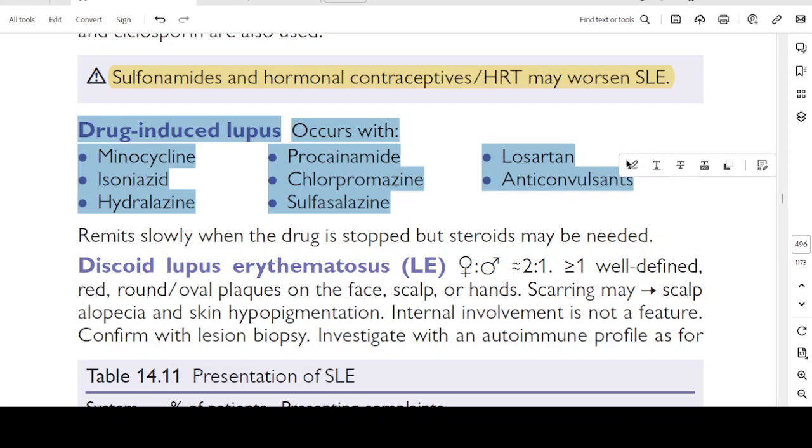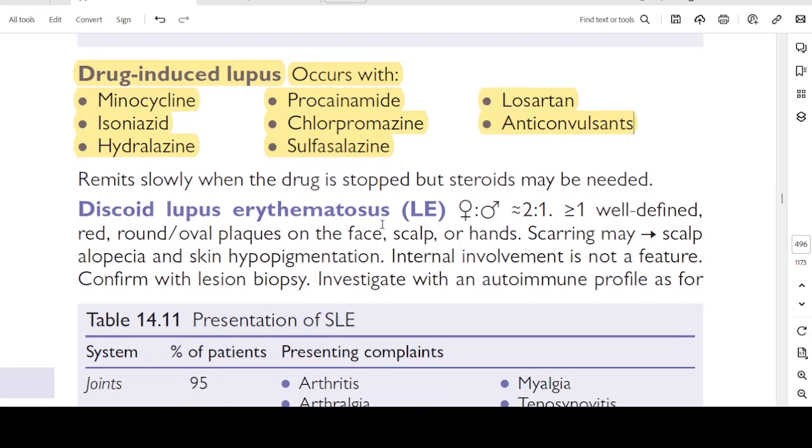Isoniazid is an antitubercular drug, hydralazine is an antihypertensive, procainamide is antiarrhythmic, and sulfasalazine is a disease-modifying drug. It remits slowly when the drug is stopped, but steroids may be needed.